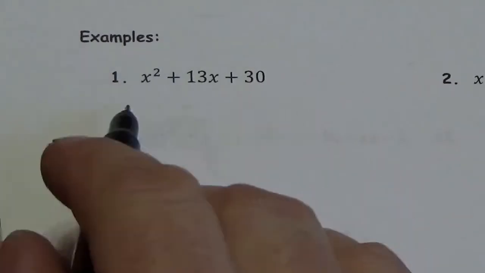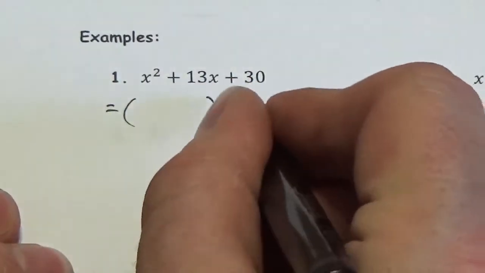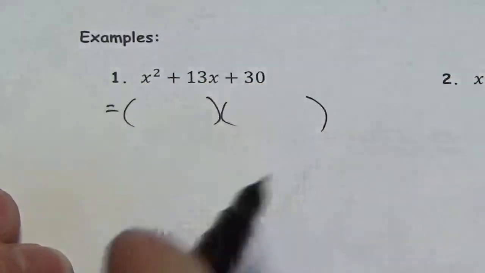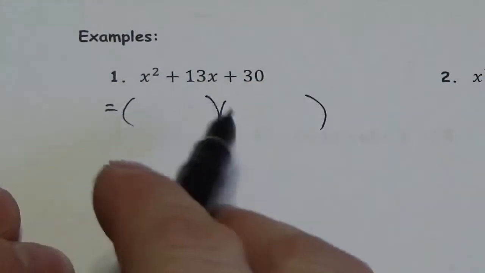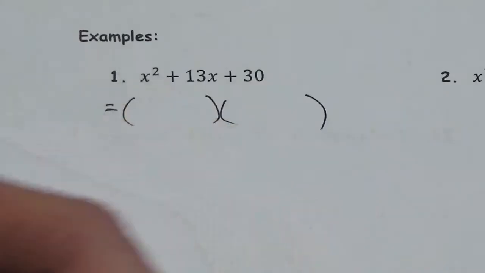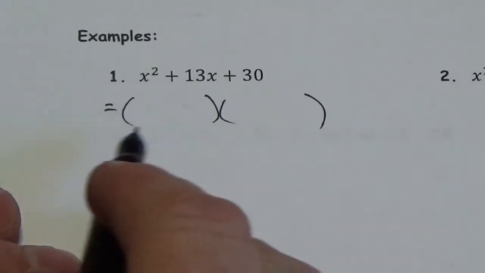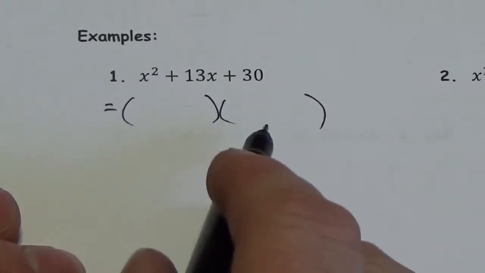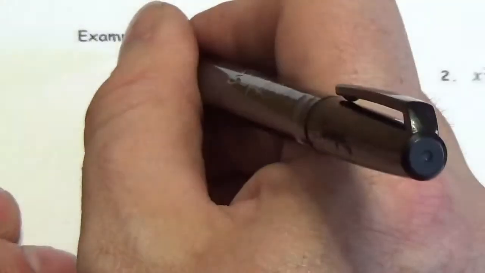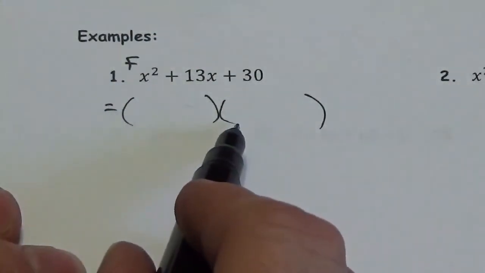When I say guessing and checking, what I'm doing is looking at the trinomial I've got here, and I know that I'm going to break it down into 2 binomials multiplied together. If you think about FOIL, first, outer, inner, last, the way we distribute the terms of this binomial to the terms of this binomial, remember that the coefficient here is going to be the result of the first terms multiplied together.